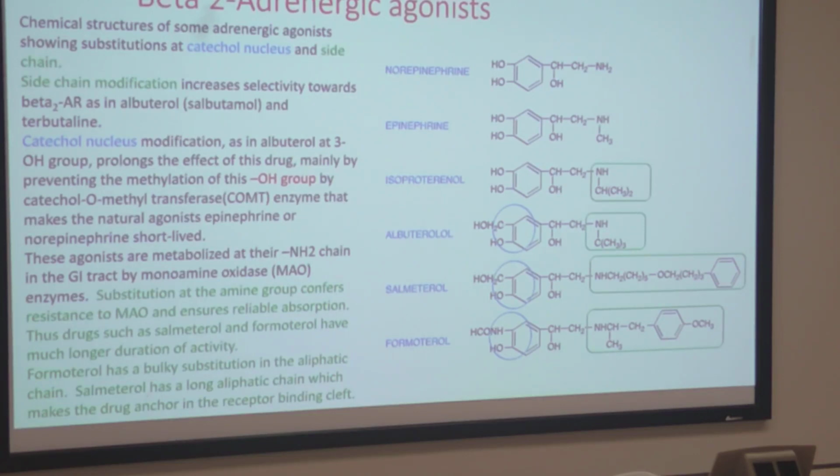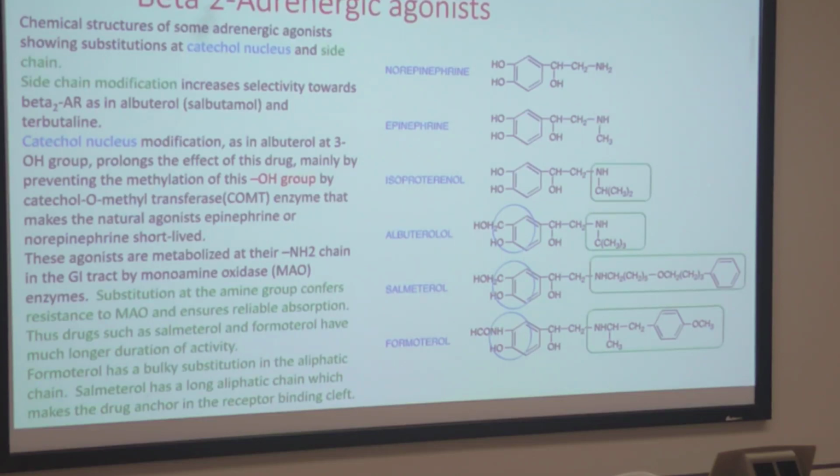Likewise, there are salmeterol and formoterol. In salmeterol, they added a bulky group: an alkyl side chain added to the secondary amine. In formoterol, it is again bulkier than salmeterol, and it increases potency.